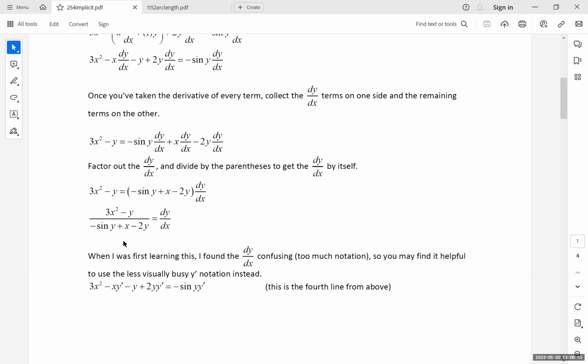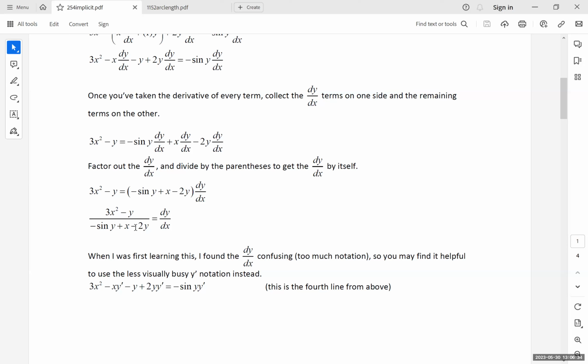Now, depending on whether you collect your dy/dx on the right side or on the left side, that will determine exactly how the signs are here. You could conceivably end up taking a sign out of the bottom and putting it into the top, for instance.